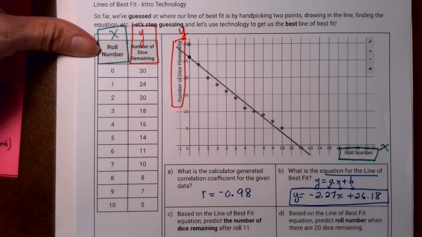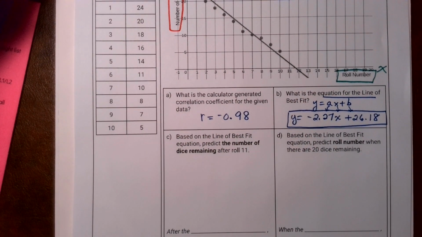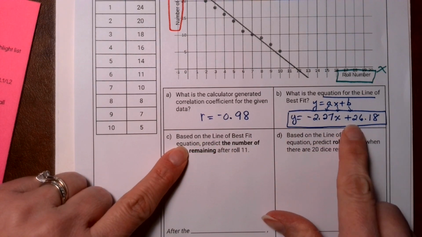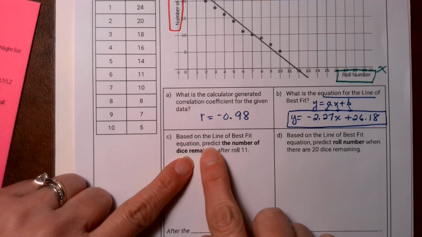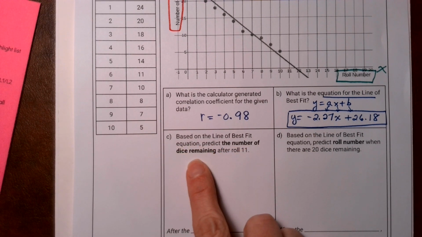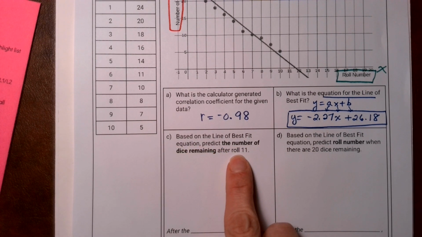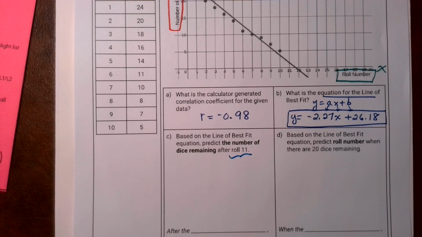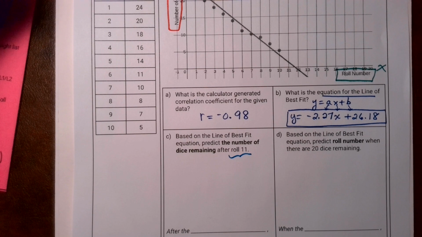The first thing it says here: use the equation based on this line to predict the number of dice after roll 11. So I need to know, is 11 the x number or the y number?